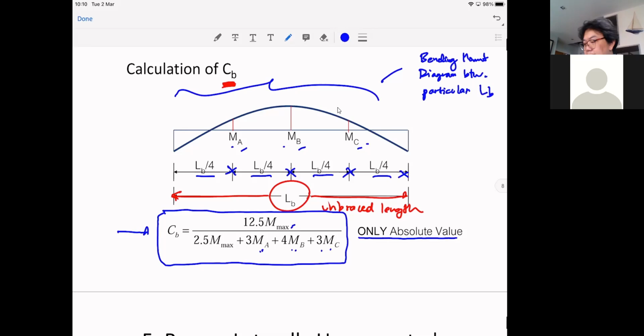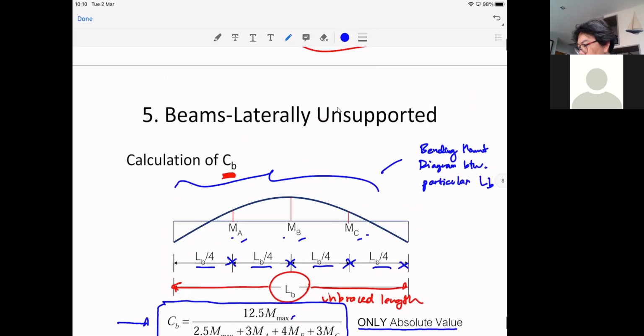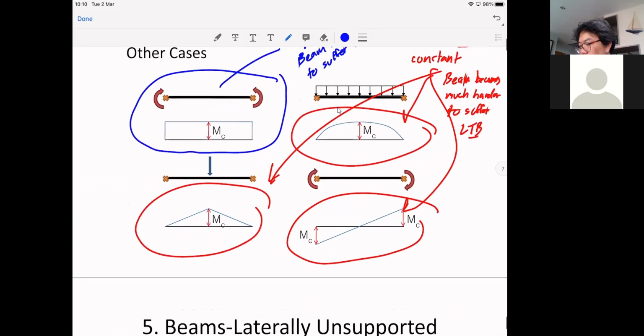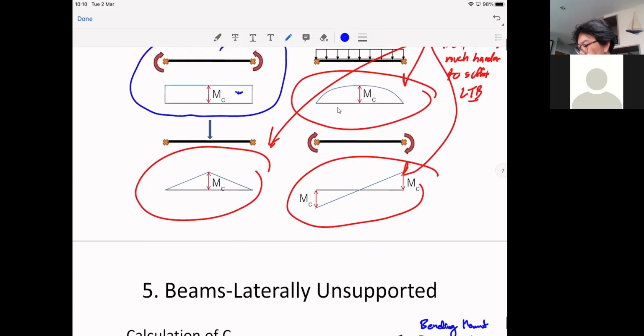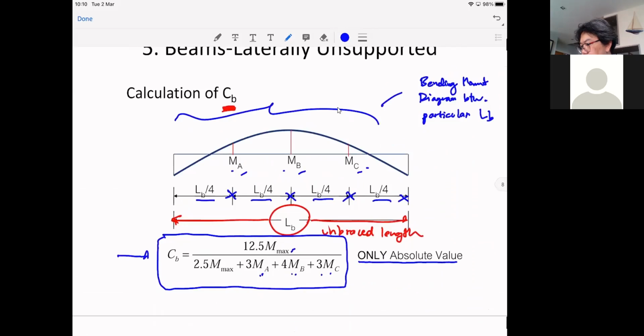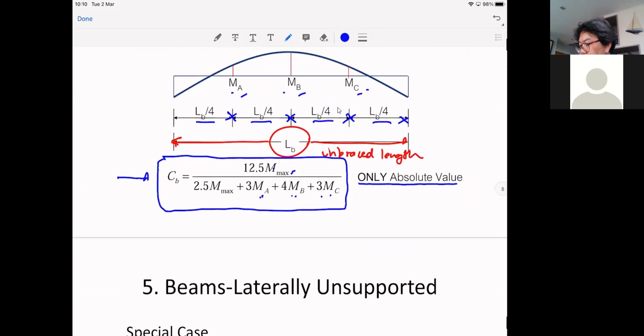Okay, and please consider the coefficient. Let's say if you go back and look at the first case where your moment is constant, every moment will become equal, right? If your moment diagram is constant. So if every moment is equal, you can cancel every term out, and the coefficient on top, the numerator, is 12.5.